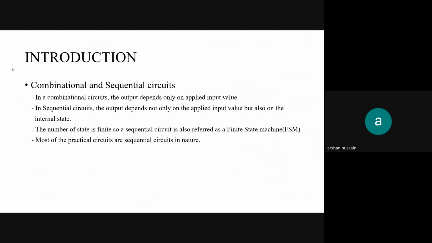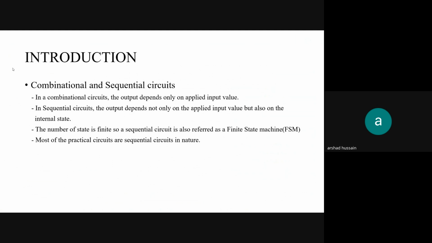Coming to the sequential circuits. In contrast to combinational circuits, the output generated depends of course on the applied input value, but also on the past history, which is represented by an internal state. A simple example is a binary counter. Suppose we are considering a 4-bit binary counter that counts from 0 to 15 and then goes back to 0.